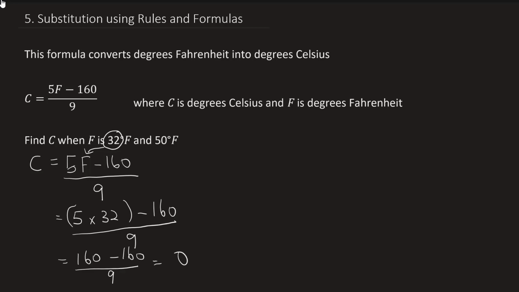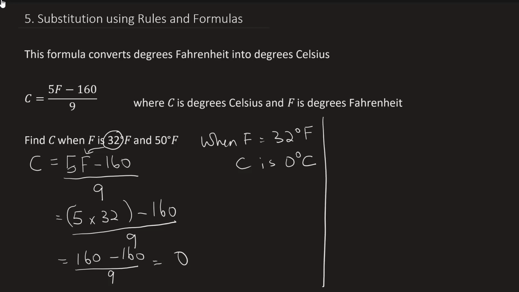So when F is 32 degrees Fahrenheit, C is 0 degrees Celsius. And you might, of course, recognize that as being the freezing point of water.